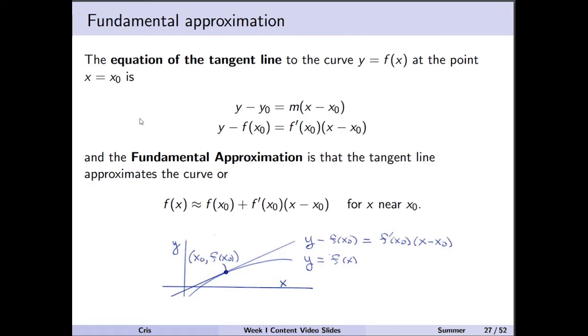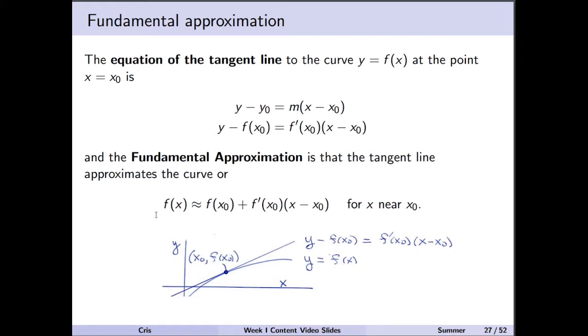Now the tangent line approximates the curve, right? If you look at this curve y equals f of x here, and you look at this tangent line, you can see that the tangent line is a good approximation as long as x is near x naught. So if we look at the y-coordinate of the curve, which is f of x, that's going to be approximately equal to the y-coordinate of the tangent line. So we just add f of x naught onto both sides of this equation, and we get the y-coordinate of the tangent line.